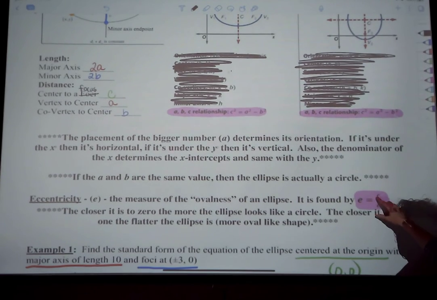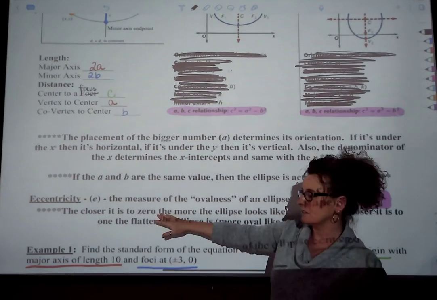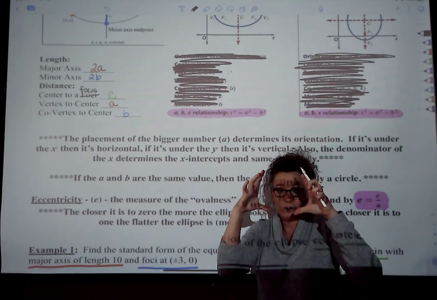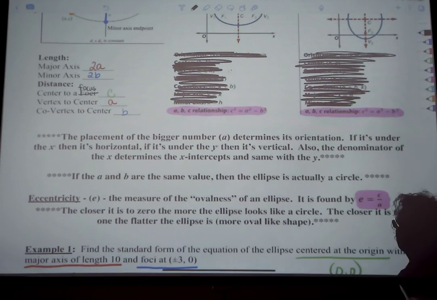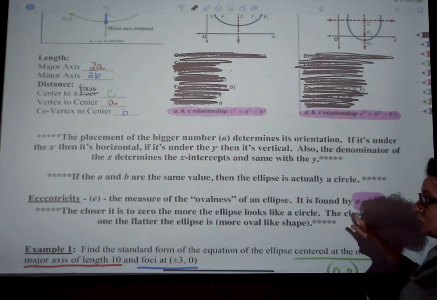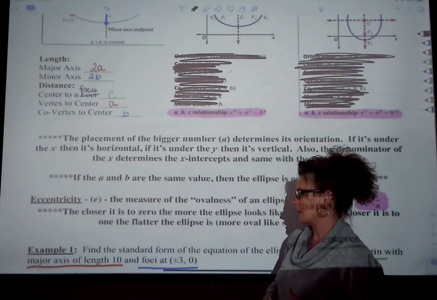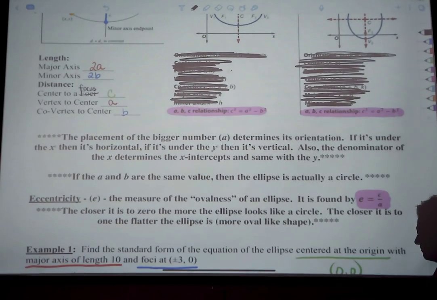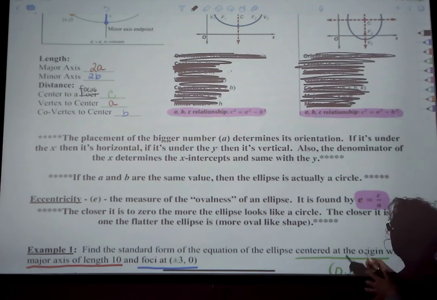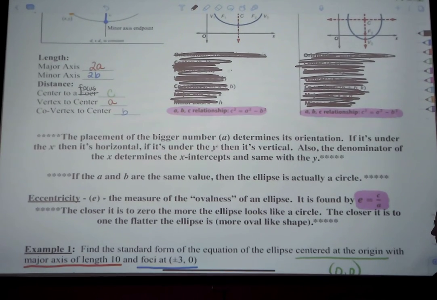And the closer this fraction, this value is to 0, it's going to look more like a circle. The closer this is to 1, the more ovally it's going to be. Don't worry, you don't have to memorize that. You don't have to memorize the eccentricity formula. That's given to you also.